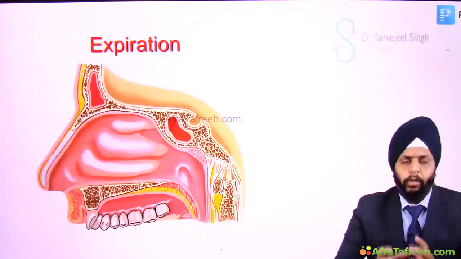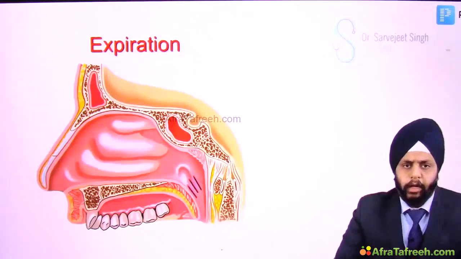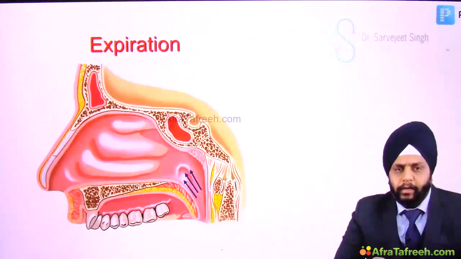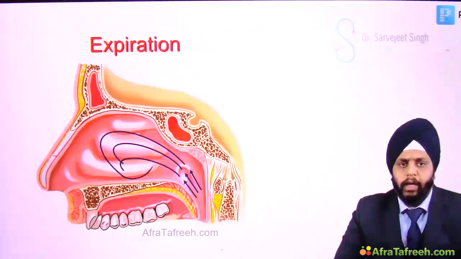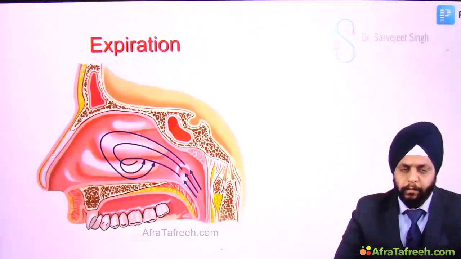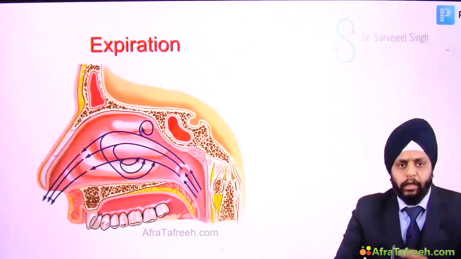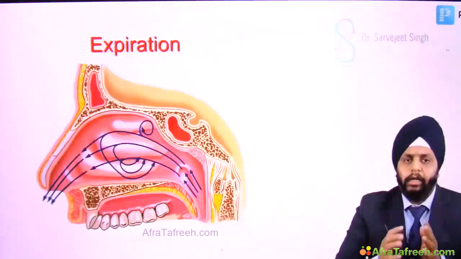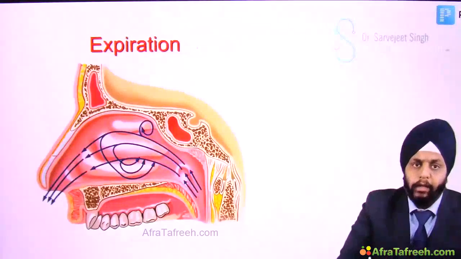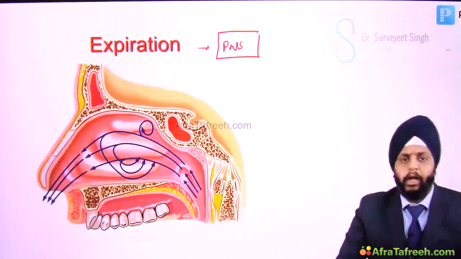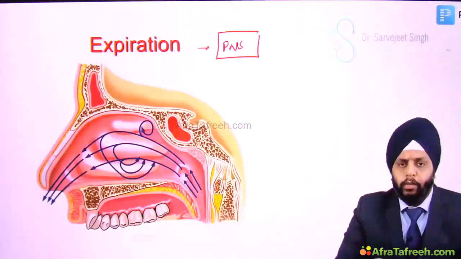During expiration, the air current which is coming out is re-rotated by the turbinates, by the uncinate process. They re-rotate it, and you see that now the air enters into the paranasal sinuses. So if somebody asks you this question, when do the paranasal sinuses get aerated?